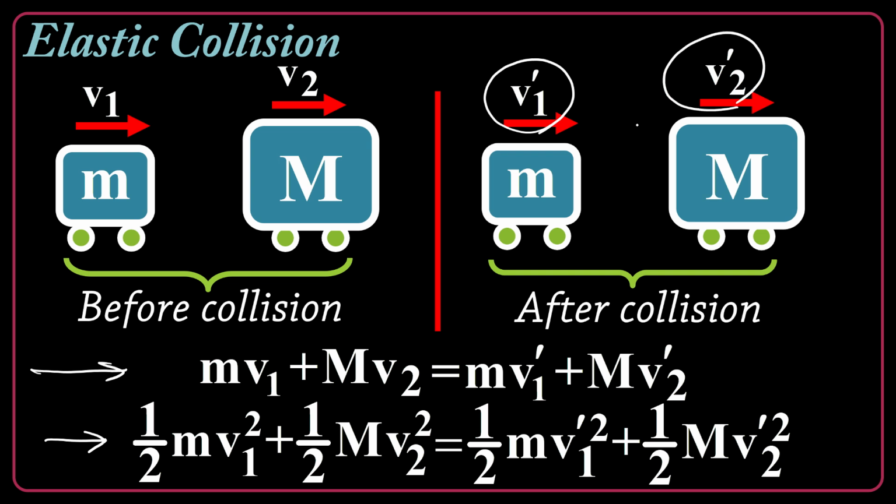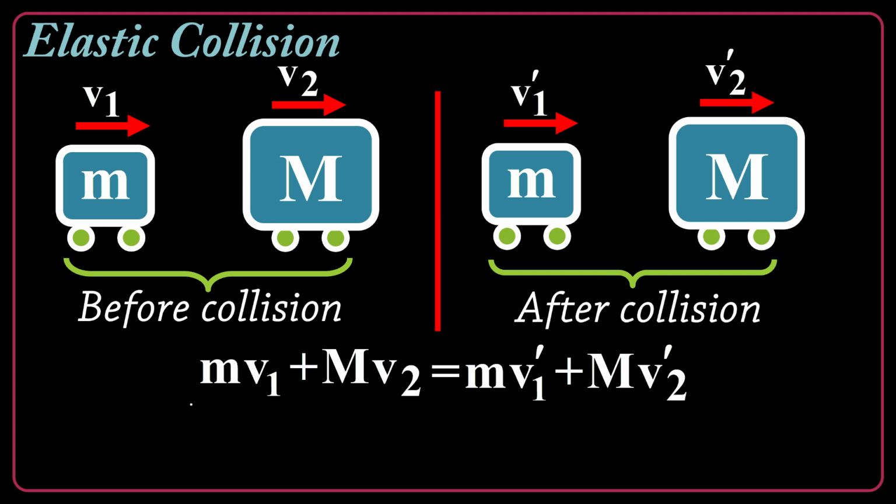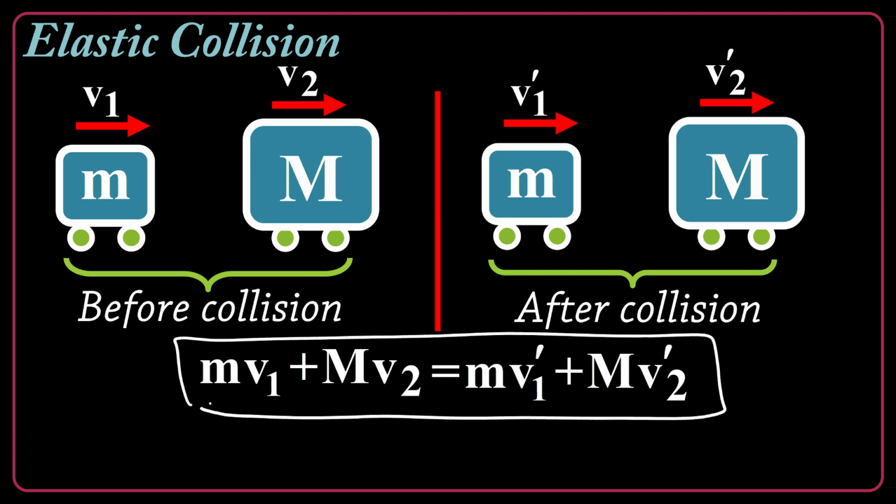But if this is inelastic, mathematically, as I don't have the second equation, in principle, I can't have more than one unknown variable. Otherwise, I cannot solve this equation for two variables, v prime 1 and v prime 2. Both are not going to be the outcome of just a single equation.